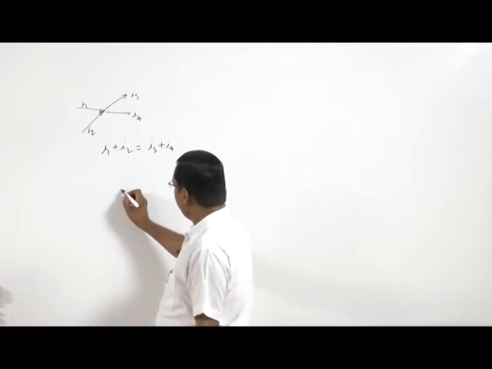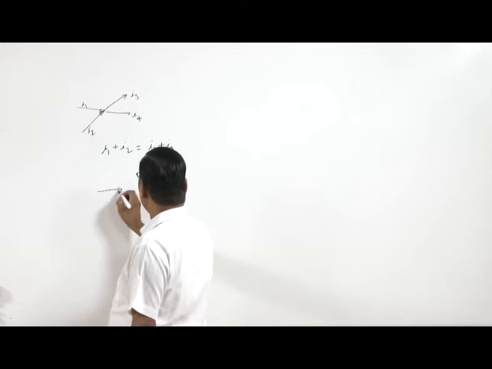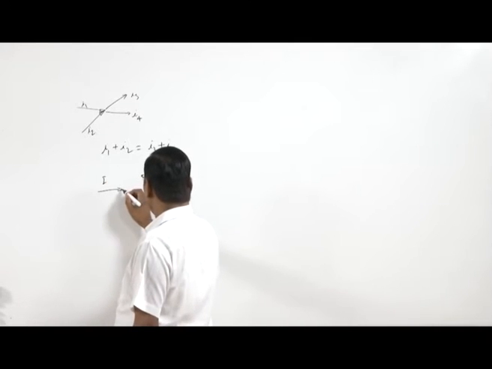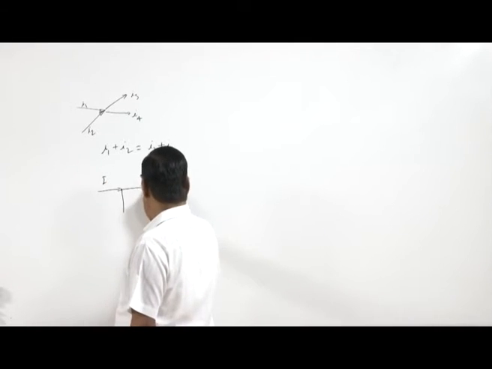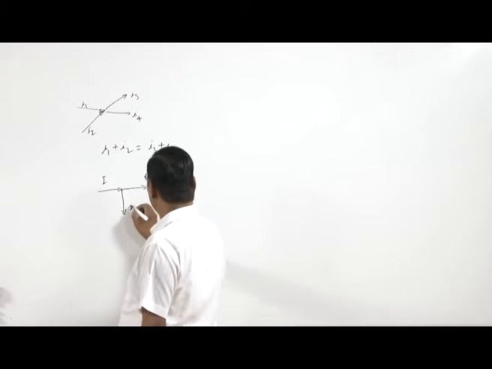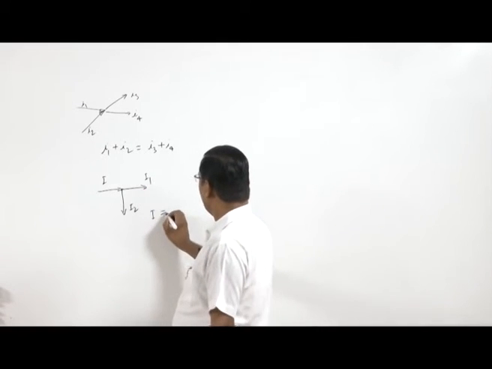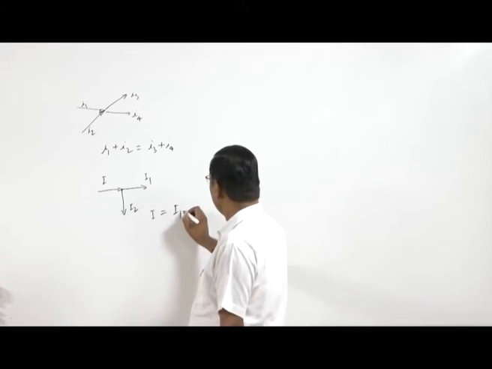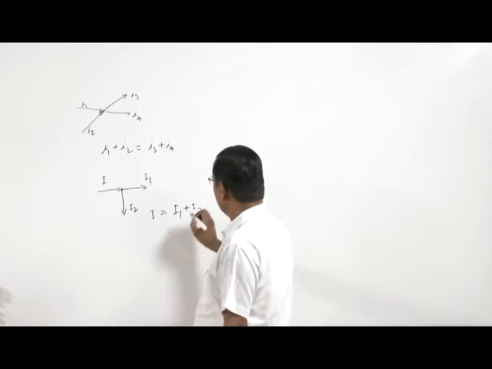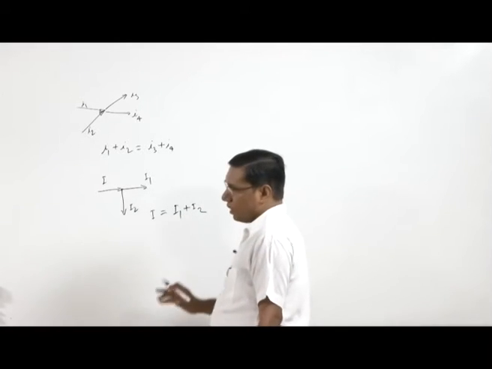Similarly, if current I enters a point and splits into I1 and I2, then I equals I1 plus I2. So, this is the current law.